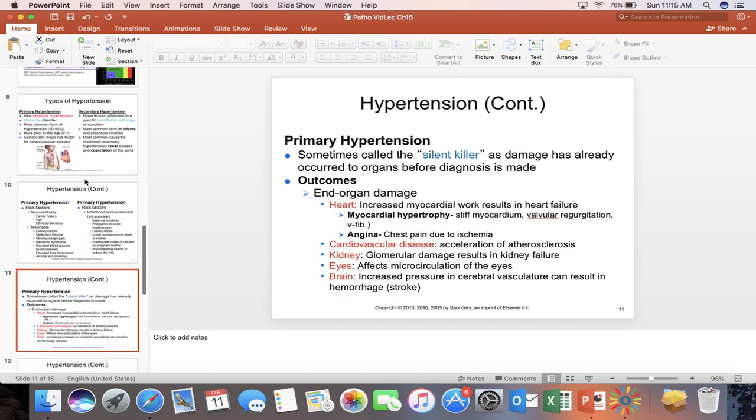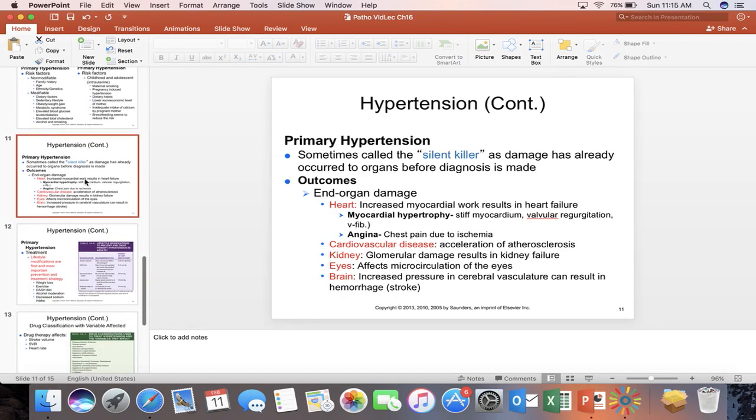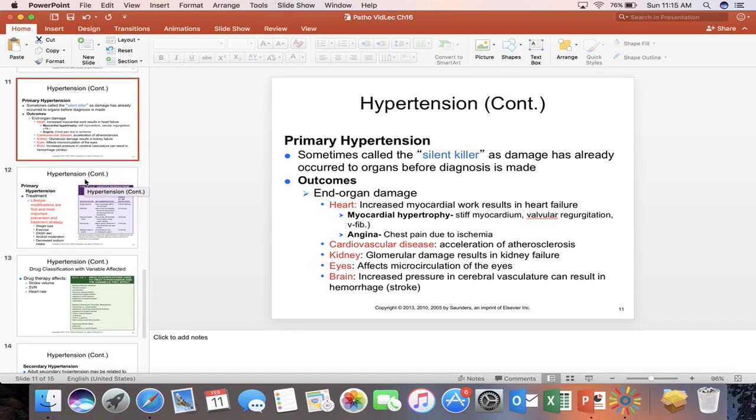Primary hypertension is sometimes called the silent killer, as the damage to organs has already occurred before the diagnosis is made. The outcome of primary hypertension is end organ damage. Number one, the heart, which has an increased myocardial work that results in heart failure.